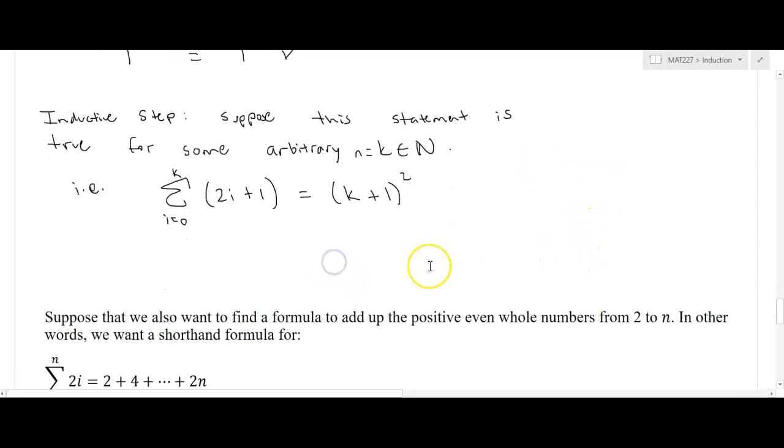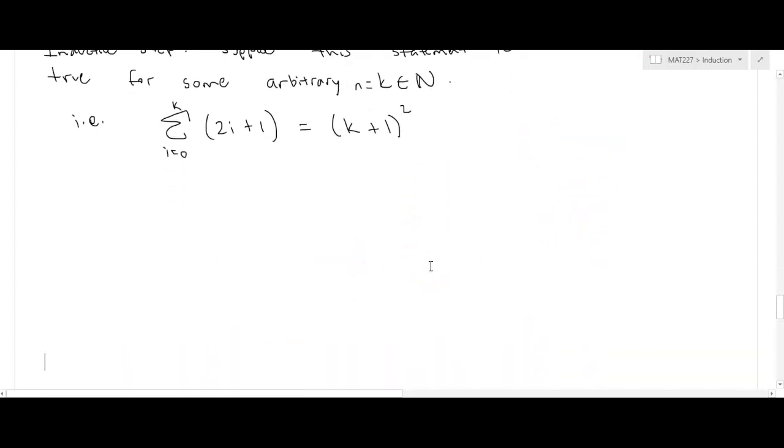So here's where we get to have some fun. Now we need to prove this is true. The equation is true for n equals k plus 1.